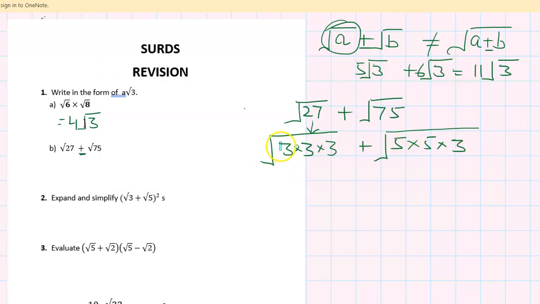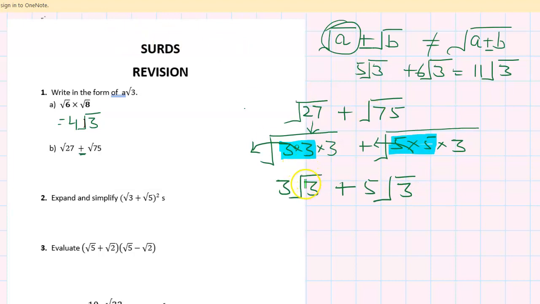Now you can see that there is only one pair here and there is only one pair here. So this 3 will come out, so this is 3 root 3, plus this 5 will come out, so this is 5 root 3.